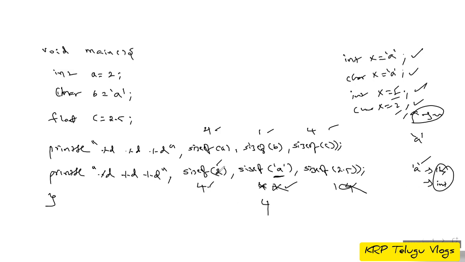Here also, it is anyways integer only. So you have not specified whether it is character or integer, so by default it takes integer. So 4 bytes it has given.